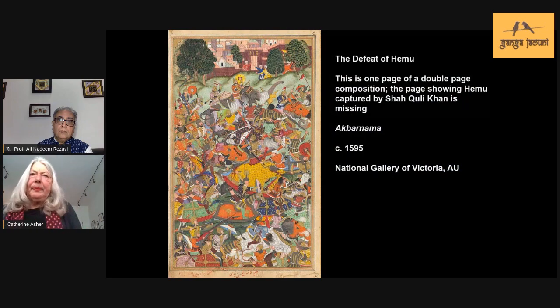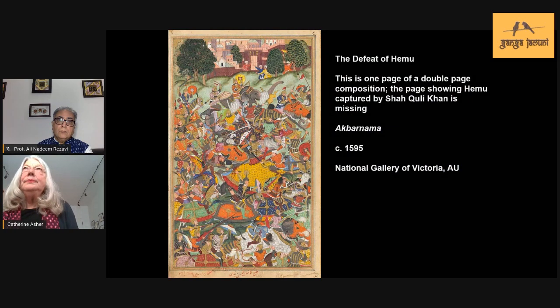Now, another noble who has our attention is Shah Quli Khan. Shah Quli Khan was instrumental in the defeat of Himu. And what we have here on the screen is a page from an Akbarnama, not the one in the Victoria and Albert. This is another page from another Akbarnama.